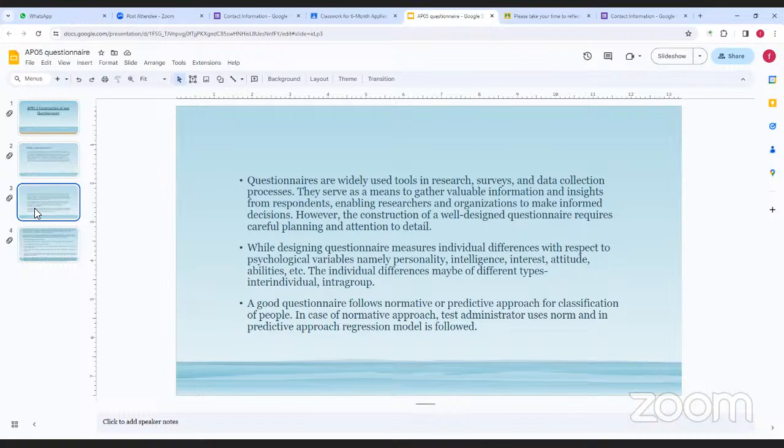So this is the correlation and the regression. By using the regression model, you will get the best fit line, and based upon the best fit line, you can classify the individual who is close to the model and who is away from the model.